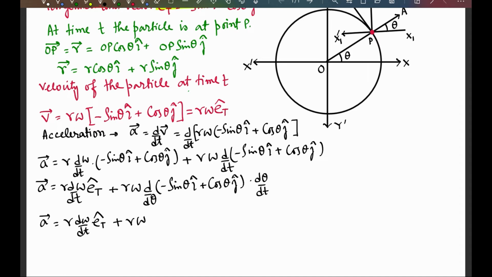Here d theta/dt is also omega. Therefore, R omega square, and differentiation of sin theta and cos theta: this is minus of differentiation of sin theta with respect to theta, that is cos theta i cap, plus differentiation of cos theta with respect to theta, this is minus sin theta, so minus sin theta j cap.